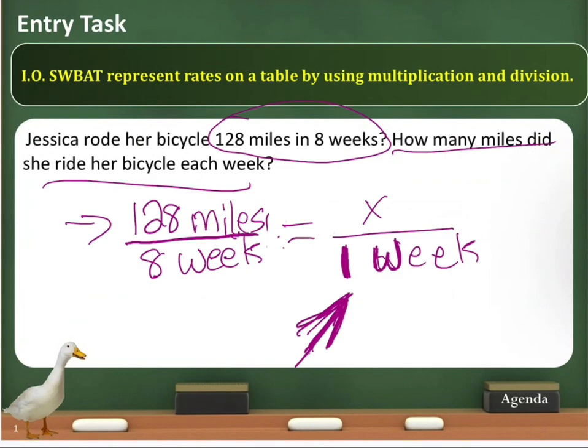Or we could divide both the numerator and the denominator by the denominator of 8. But then we get 8 divided by 8 equals 1. So just to shorten it, I would say that you can just divide 128, the numerator, by the denominator, by 8.